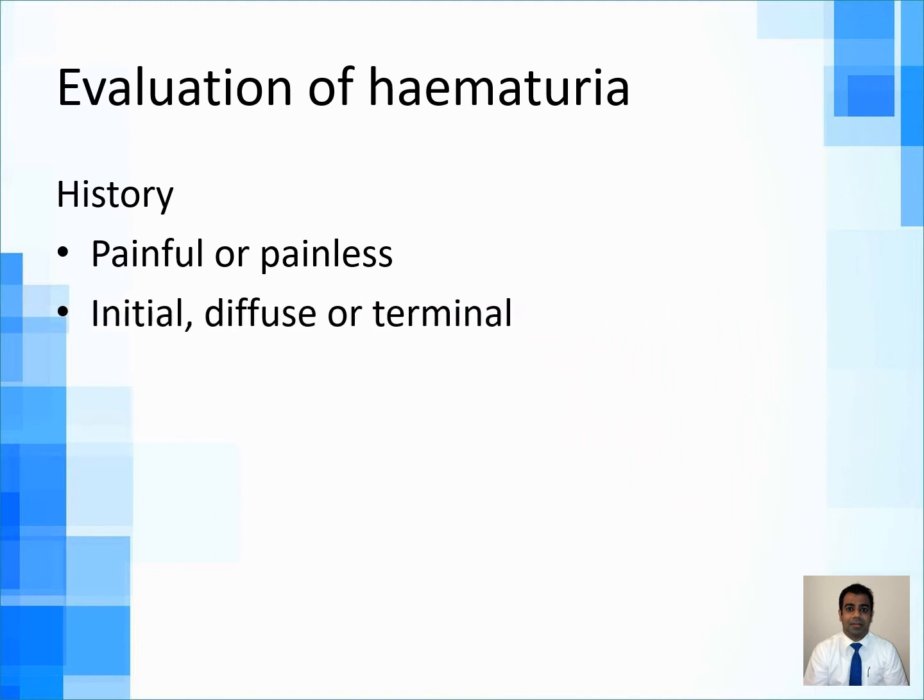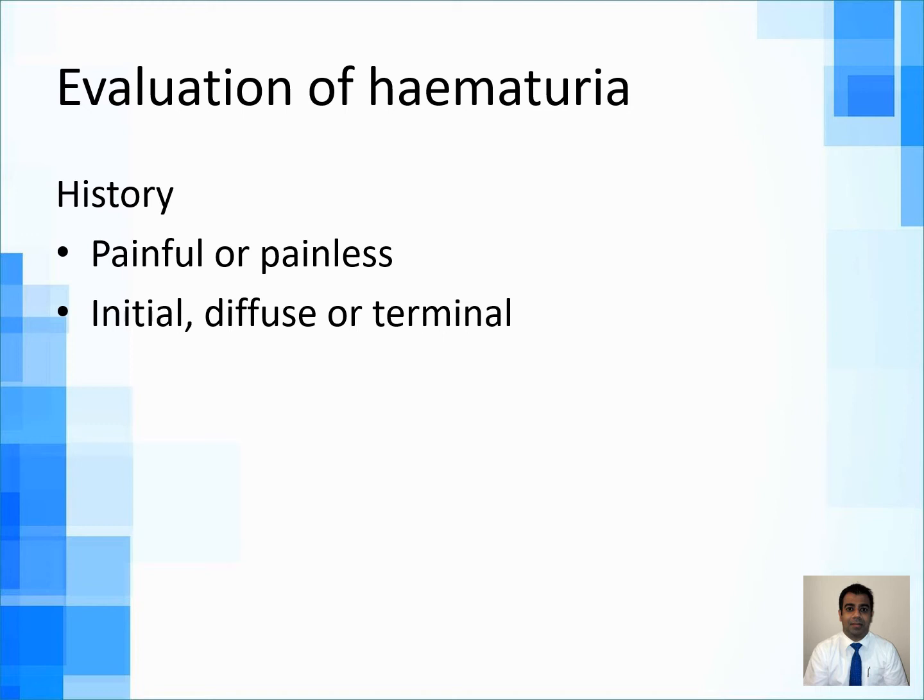Another important aspect that you need to determine in history is whether your hematuria is initial, diffuse, or terminal. If the blood is seen only at the initial part of the urinary stream, this indicates a urethral problem, or the bleeding point is in the urethra. So urethral causes of hematuria cause initial hematuria.